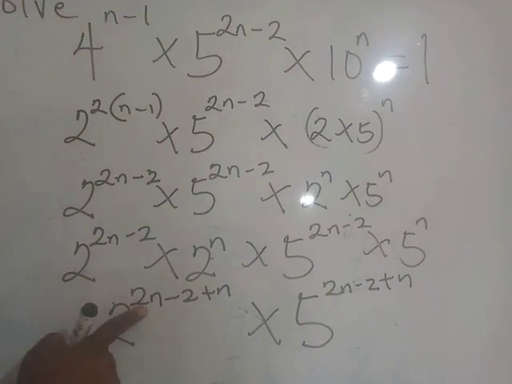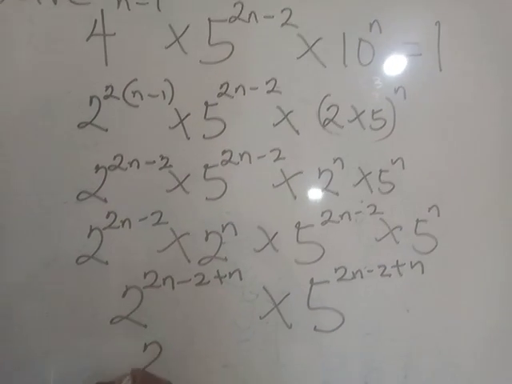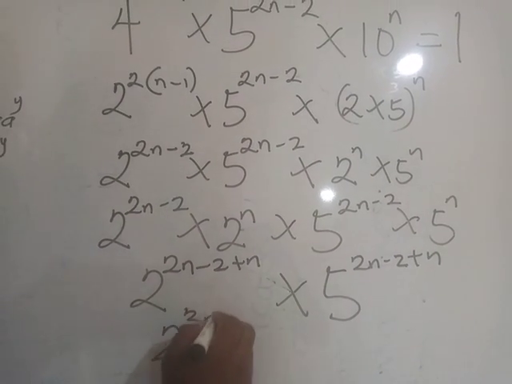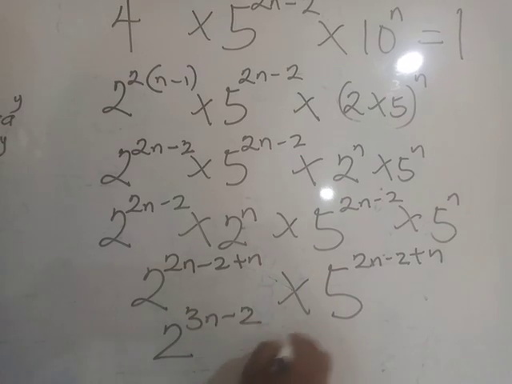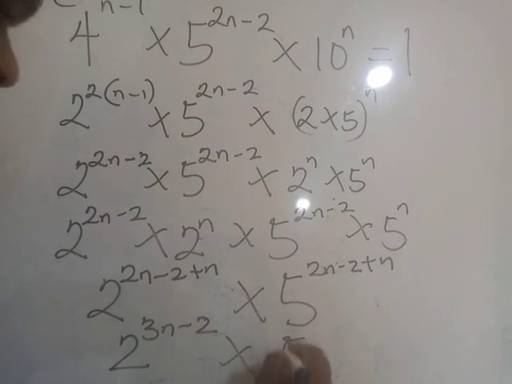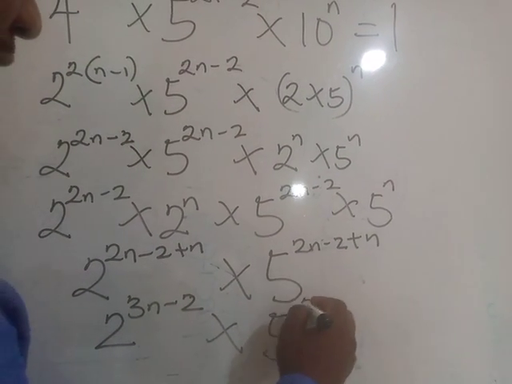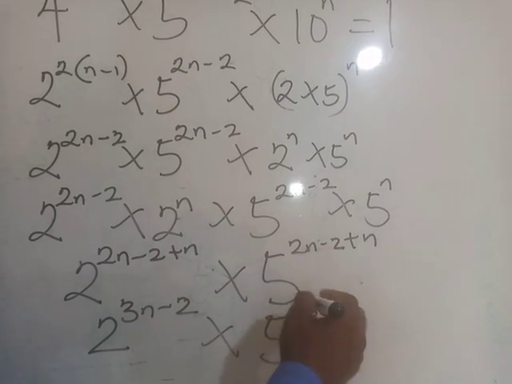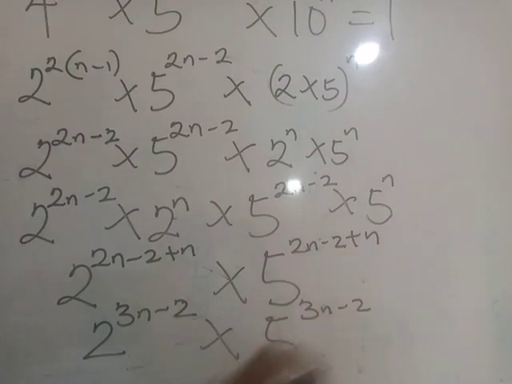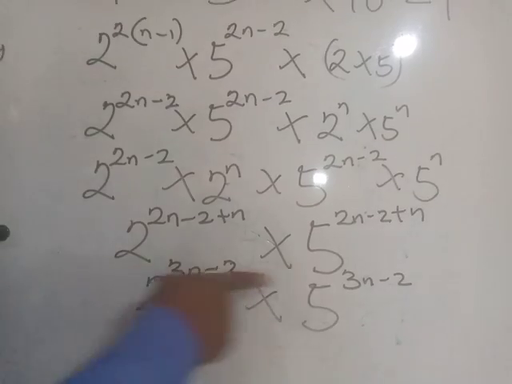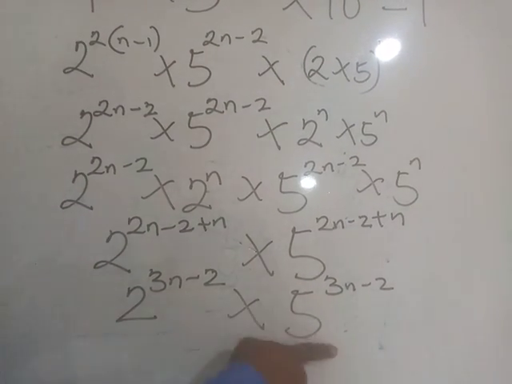Let's go ahead. 2n plus n is 3n. I'm going to have 2 raised to power 3n minus 2 multiplied by 5 raised to power 3n minus 2. Now, notice that they have the same powers but different bases.